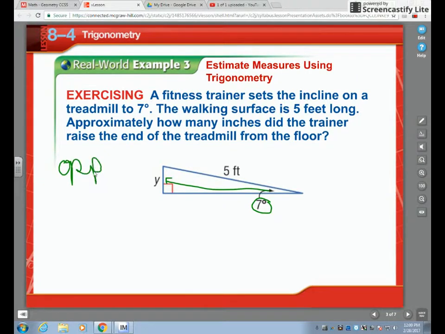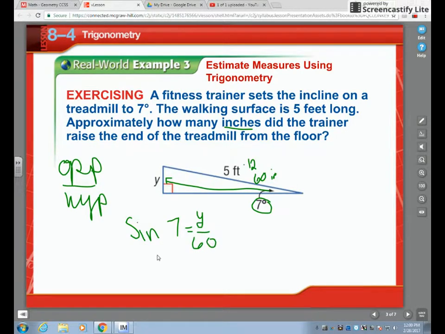So opposite over hypotenuse tells us that we are doing the sine of 7 degrees, and that is going to be equal to Y over, not 5, because that's feet and we want to know inches. So we're going to multiply this by 12 to turn it into 60 inches.